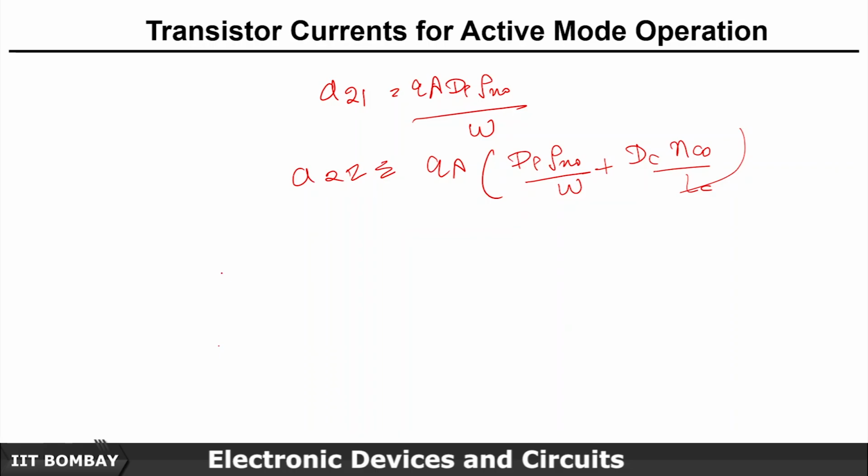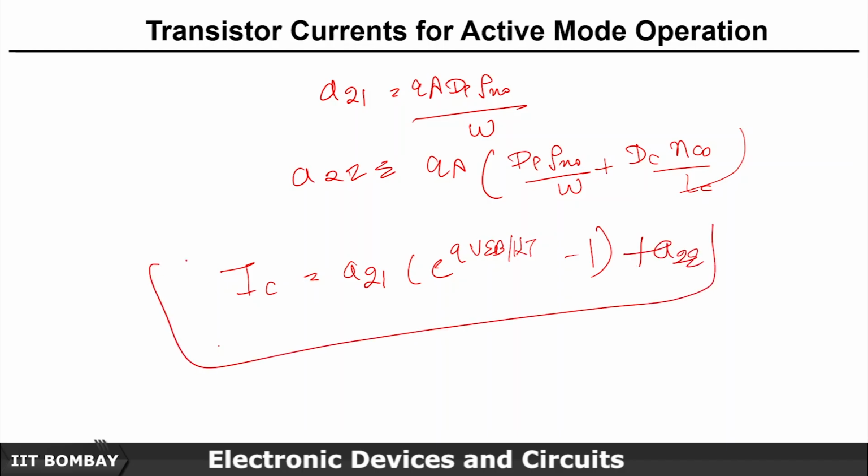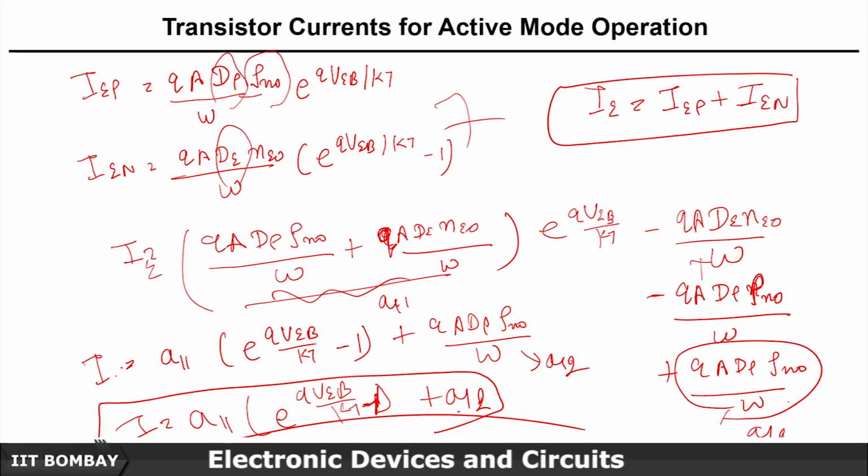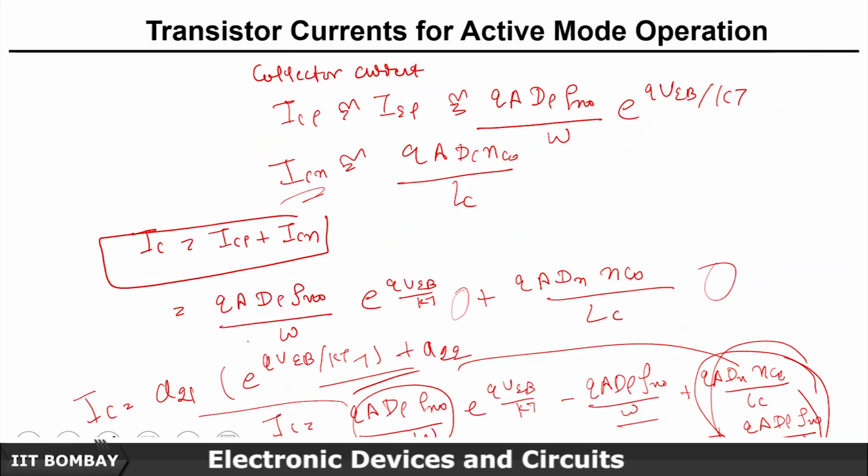And this collector current can be written as IC is equal to A21 e raised to power VEB by KT minus 1, plus A22. Okay, so this is very similar to the emitter current. This is the total collector current.